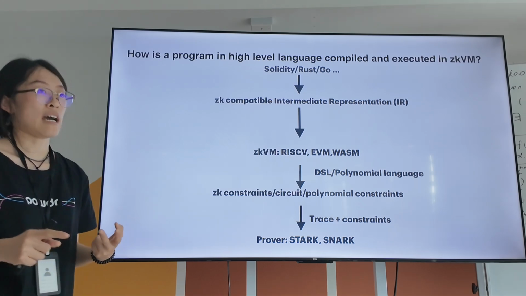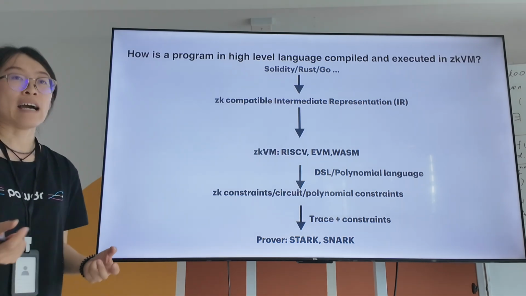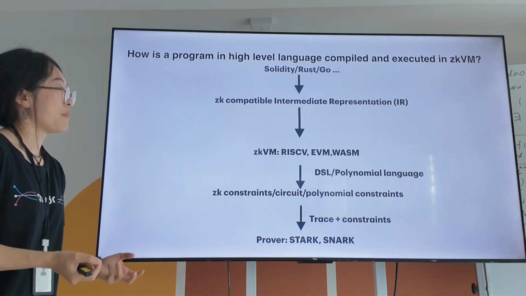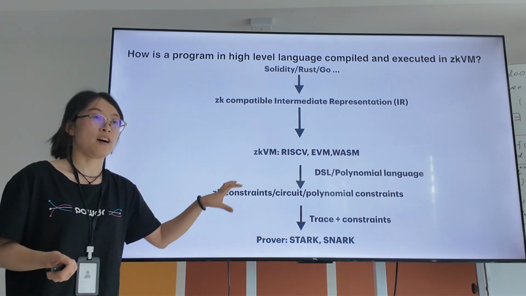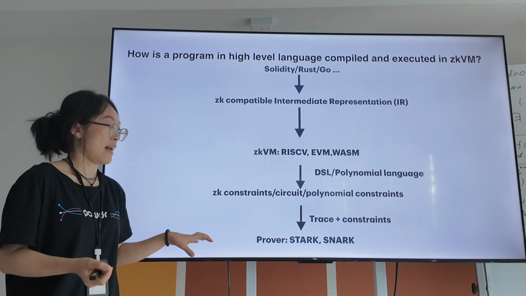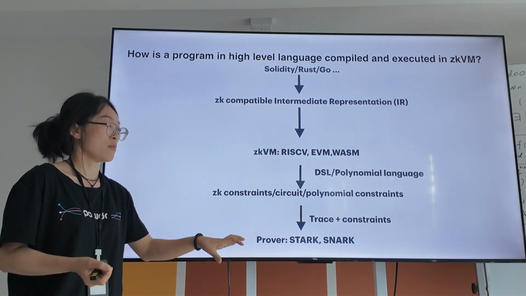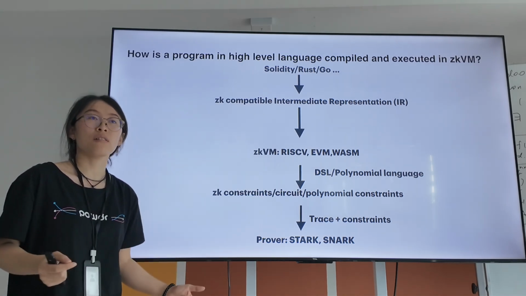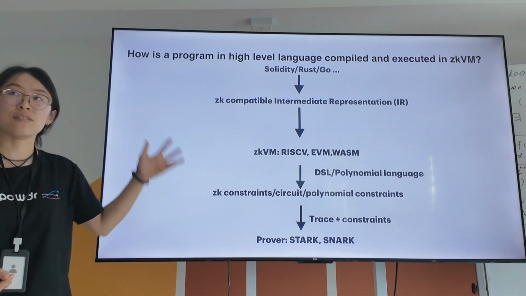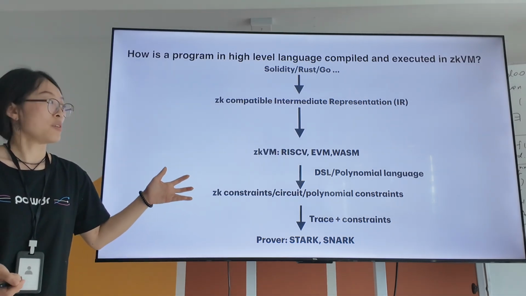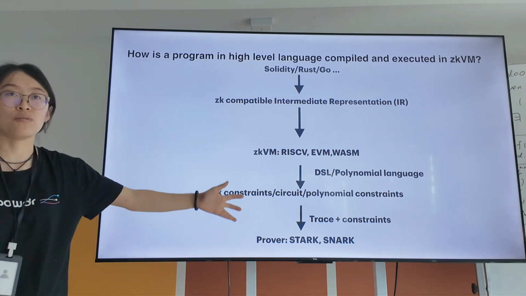So we need a polynomial language to transfer these instructions to polynomials, to the constraints we find in a prover, and then you can use SNARK or STARK to generate a proof. And this is the ideal scenario. So it's much cleaner and straightforward.